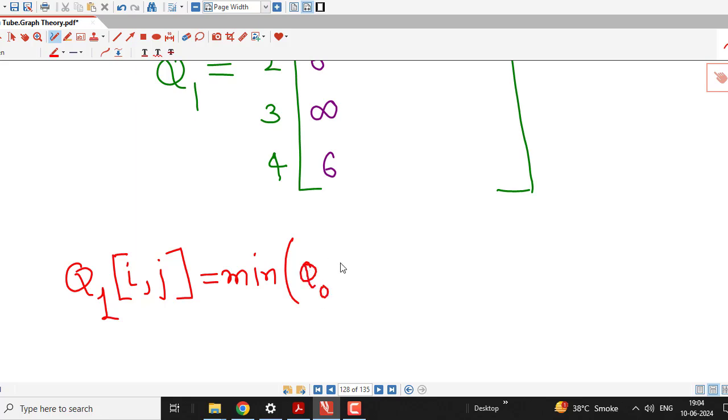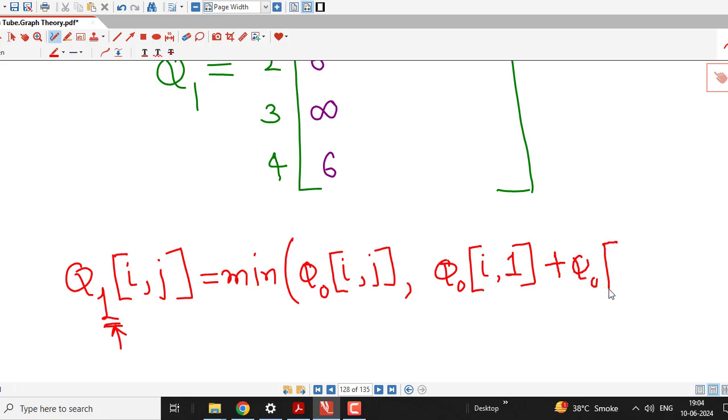The first number is the ijth entry of Q0, comma, and the second is the I1 entry of Q0, plus the 1j entry of Q0.